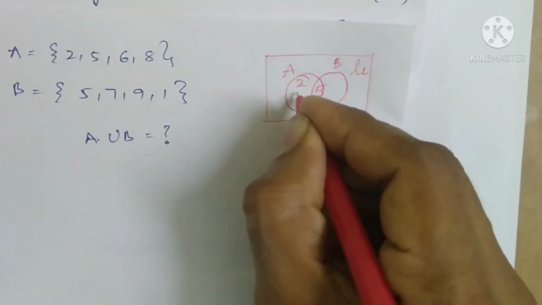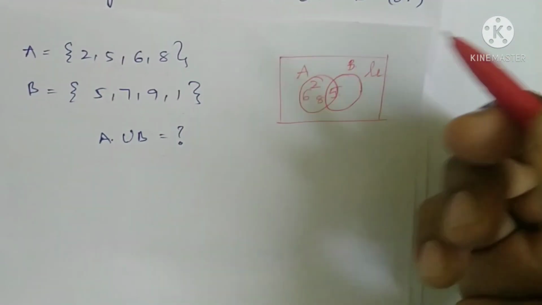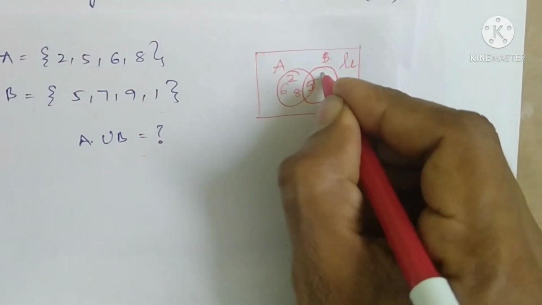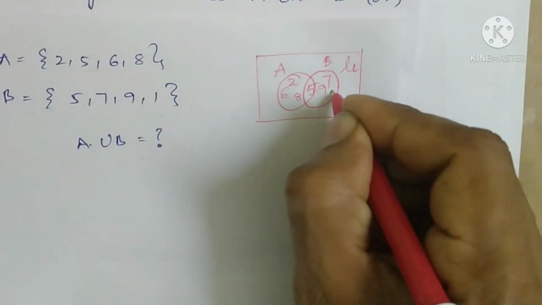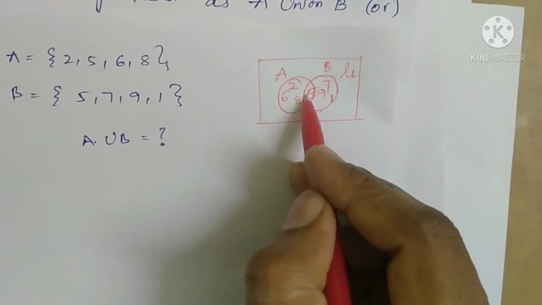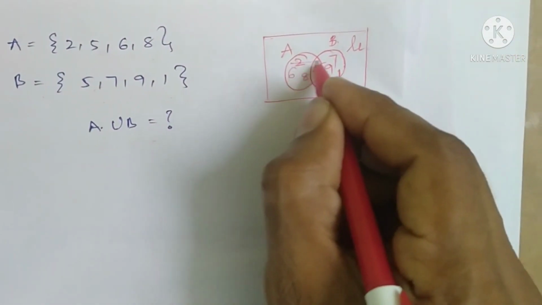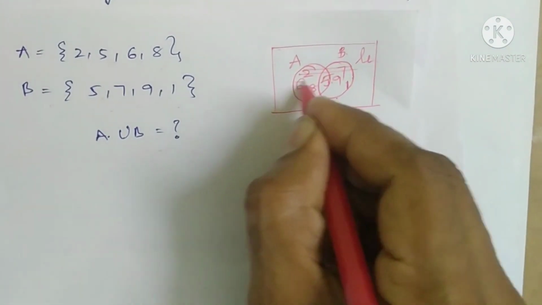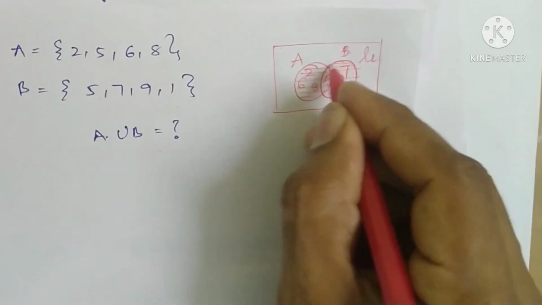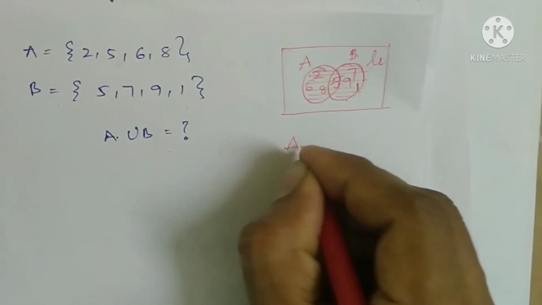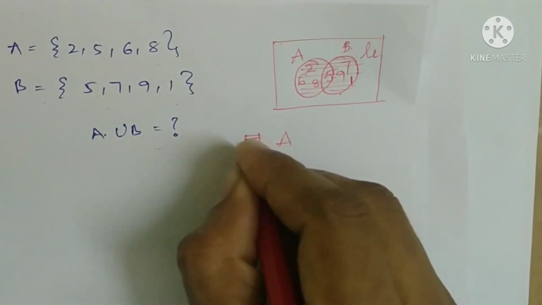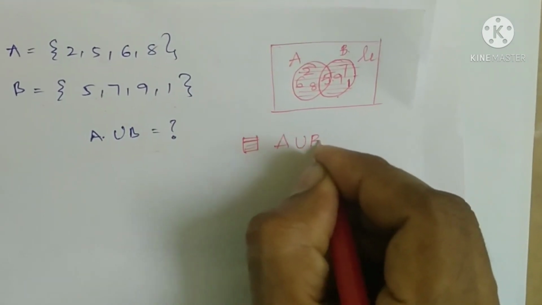Set B elements are 5, 7, 9, 1. So both are overlapping sets. The common element is 5. This is the total shaded portion of A union B.